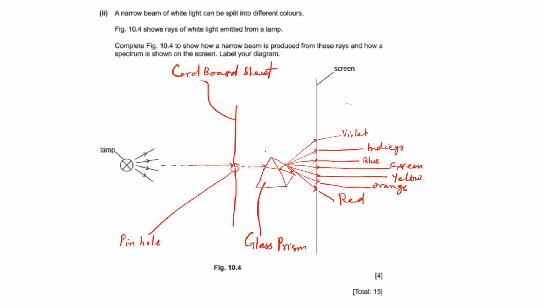Okay, and this is the light beam. So again, how a narrow beam of light is produced: a narrow beam of light is produced with the help of a pinhole, and this is how the spectrum looks on your screen. This is how it will look.